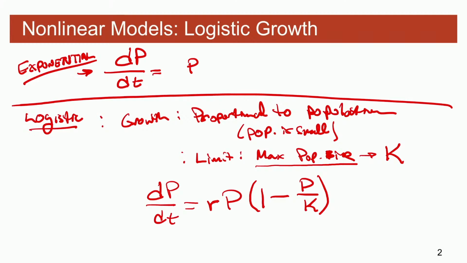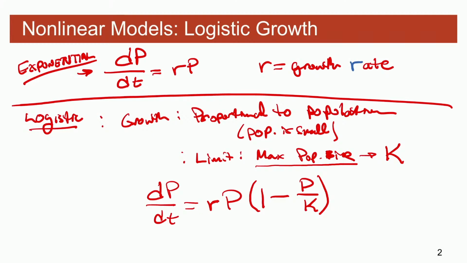So little r is the growth rate. There, how's that? So the growth rate is little r, and K is the maximum population size, the giant K.